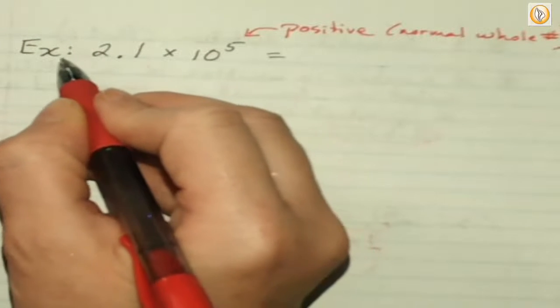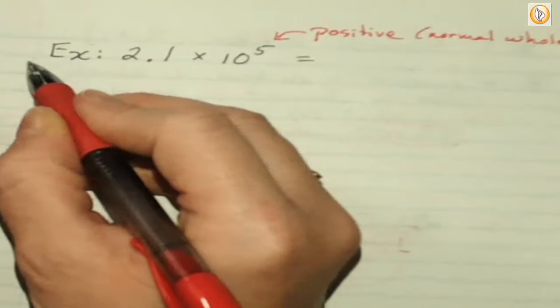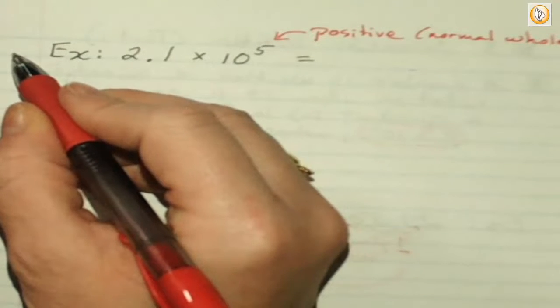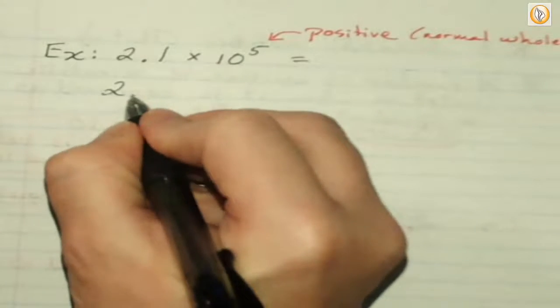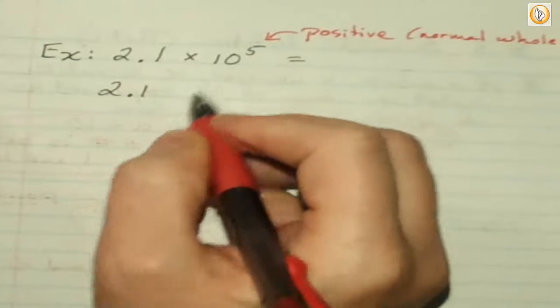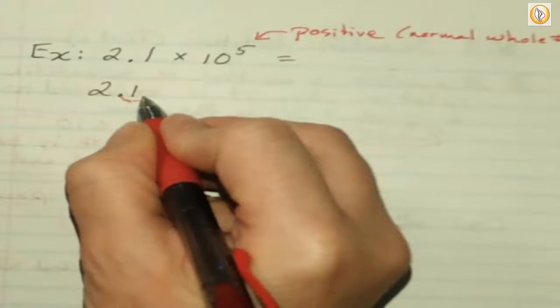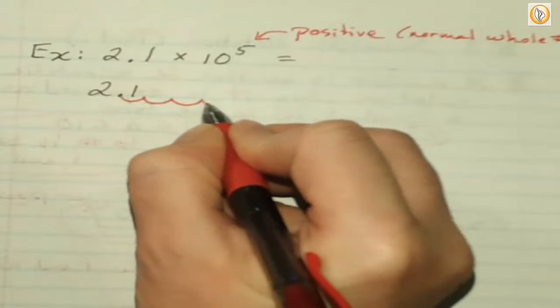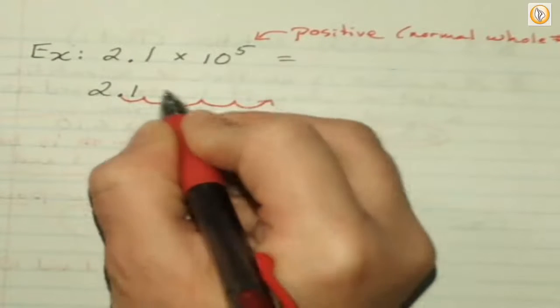If I move it to the left, it becomes a big ugly decimal, right? But since this is positive, I'm going to rewrite this here. We're going to move our decimal 5 places to the right. 1, 2, 3, 4, 5. And fill in with zeros.